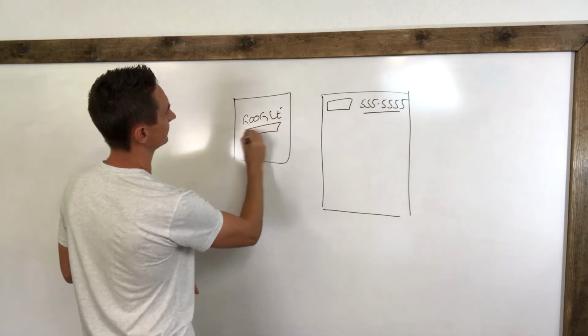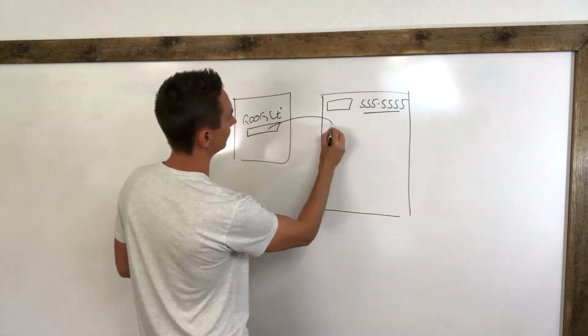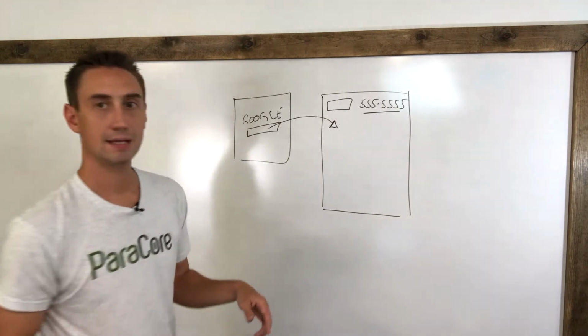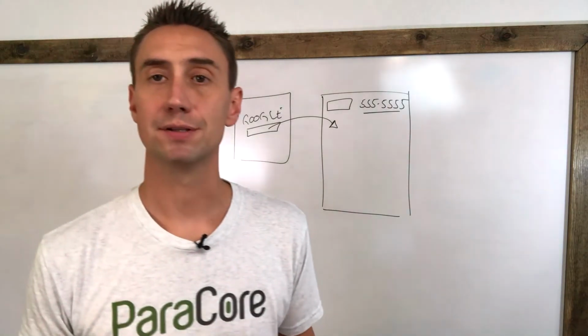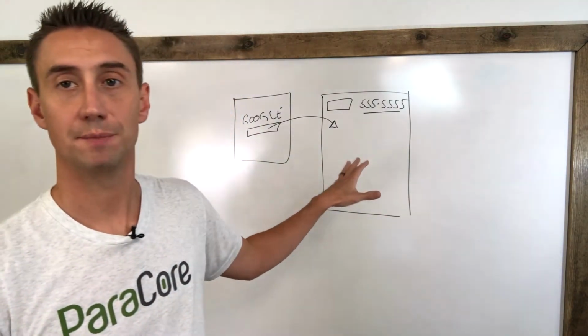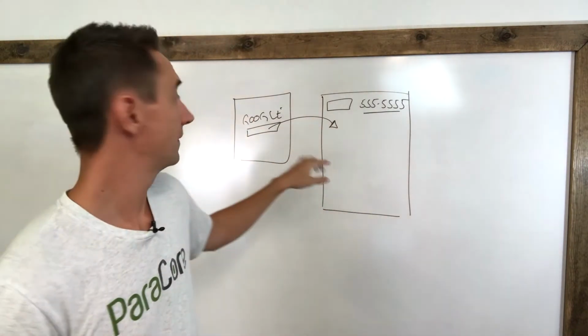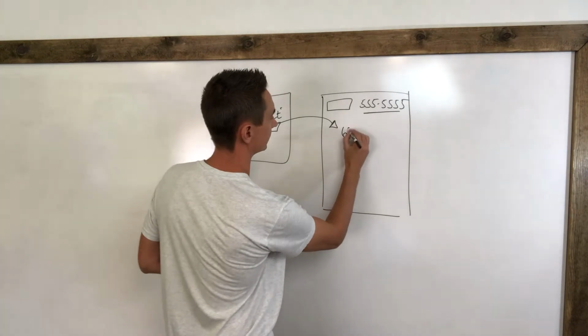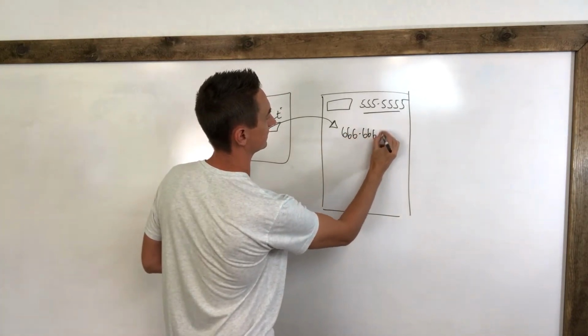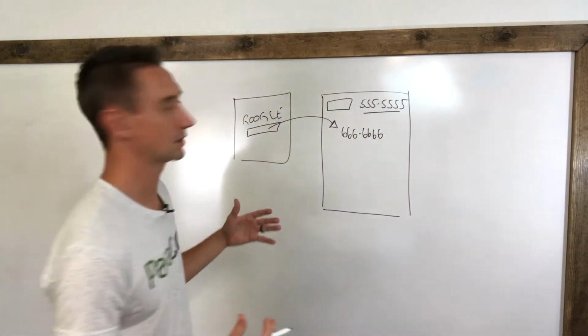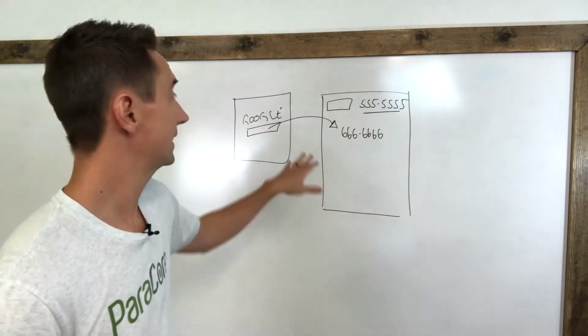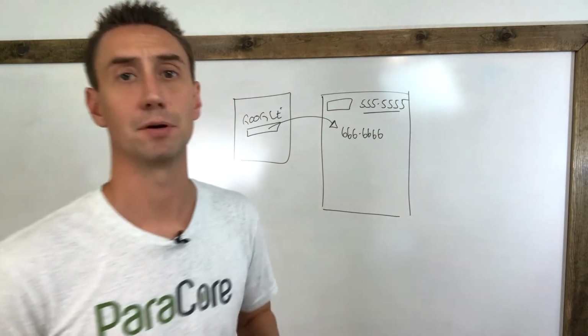Someone does a search, they go to the website, and with the AdWords dynamic number insertion, you actually install a script on your website or on the landing page. And when someone comes from Google, they're then going to see 666, 6666. Probably not the best sequence of numbers, but they're going to see a different phone number than the 555 number.